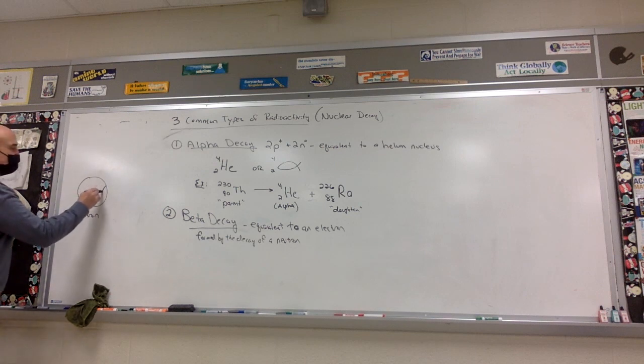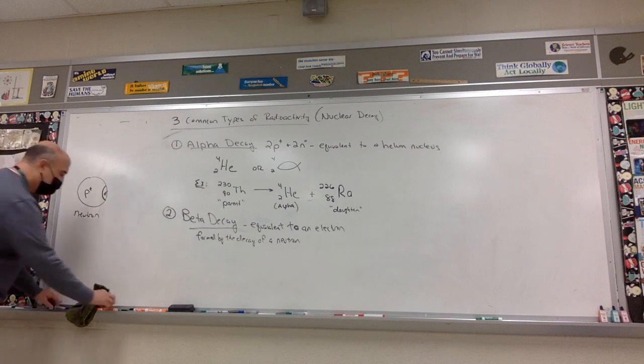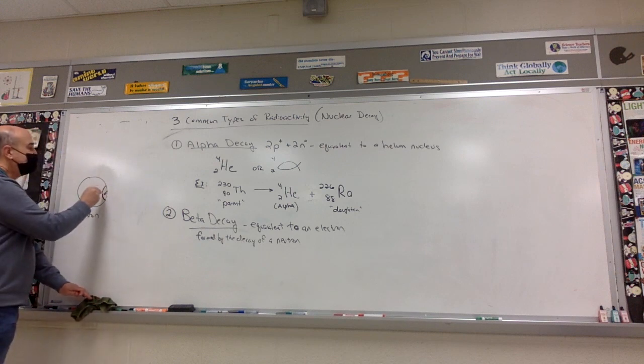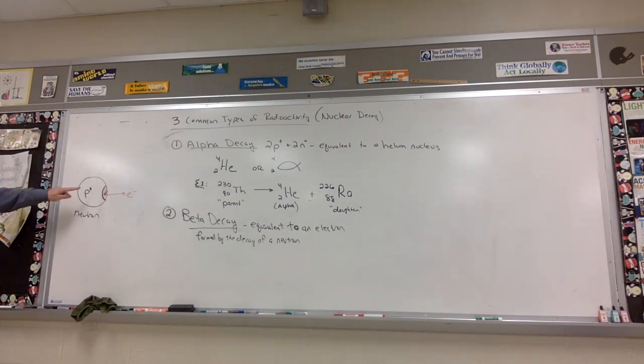So think of a neutron as being a proton fused to an electron. Okay, the quarks that make up a neutron are the quarks that make up a proton and an electron, all combined into one. So what happens is a neutron inside there actually decays and forms a proton and an electron. The proton stays in the nucleus. The electron is shot out of it.